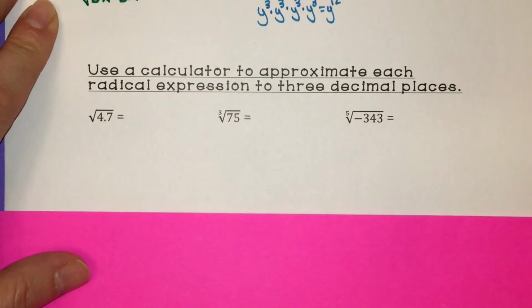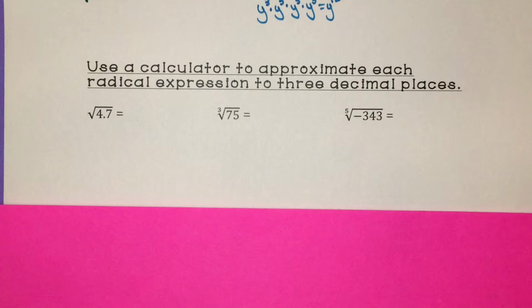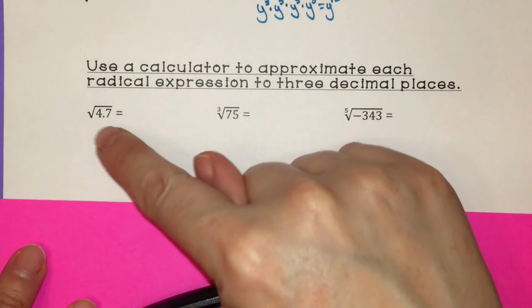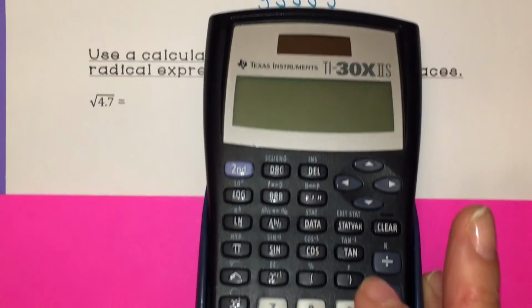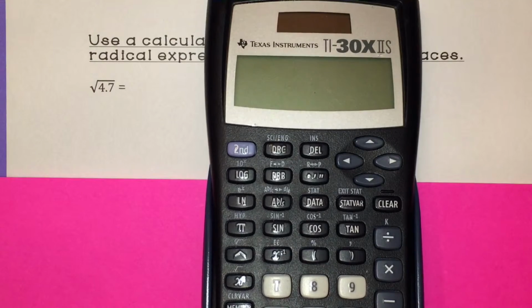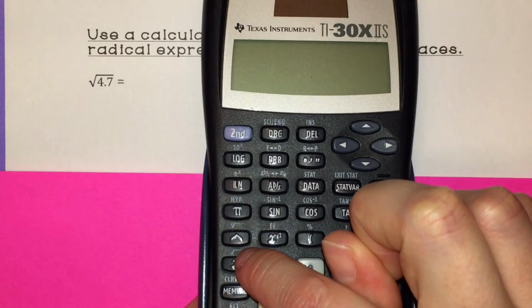All right, and then this last part, go ahead and use a calculator to approximate each radical expression to 3 decimal places, meaning go out 3 numbers after the decimal place. So this one's the square root of 4.7. I'm just going to use a calculator. This one is a TI-30. Square root button is a second function of x squared.